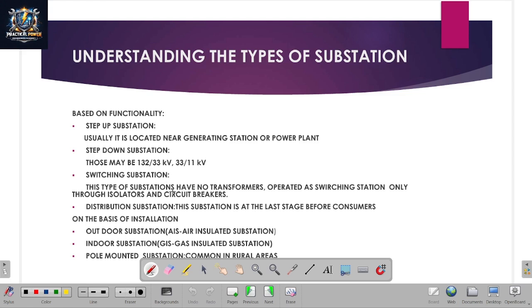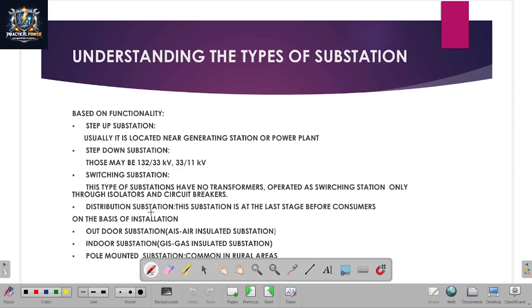This type of substation has no transformer. There is no question of step up or step down. Power is transferred automatically to the switching substation. It is operated as a switching station only through isolators and circuit breakers.